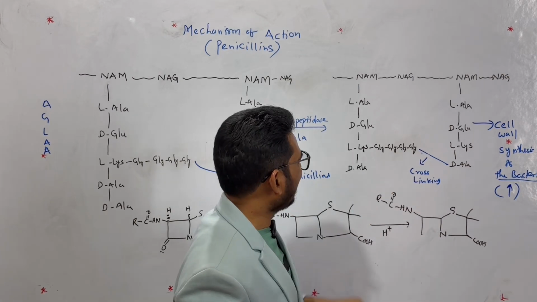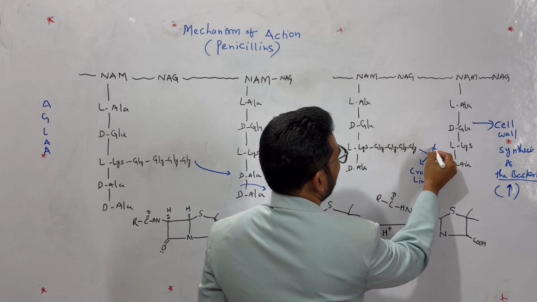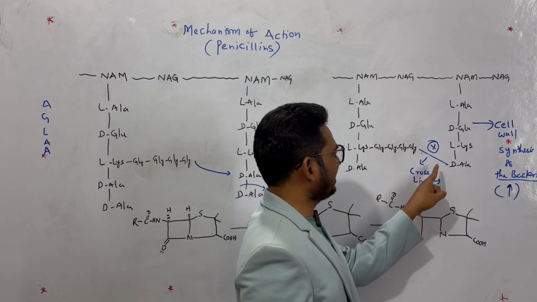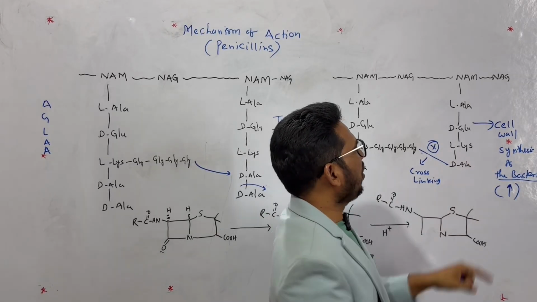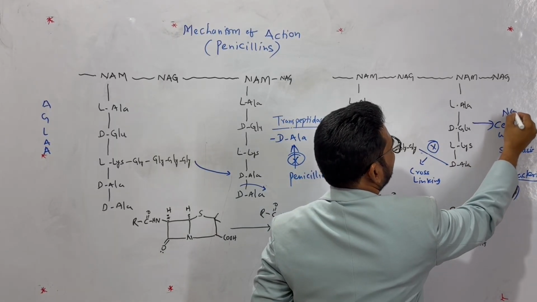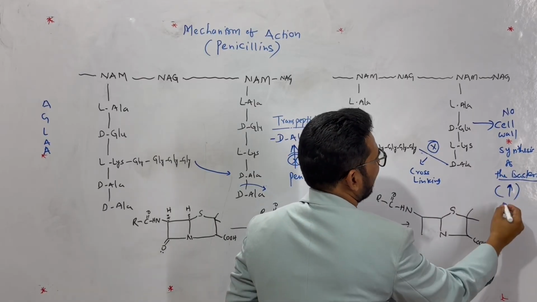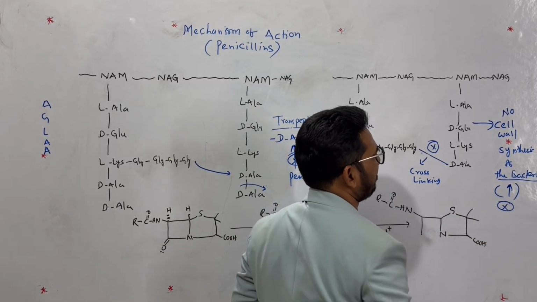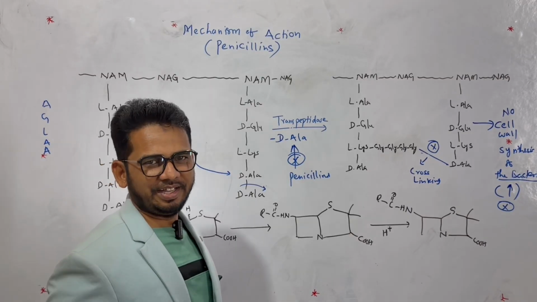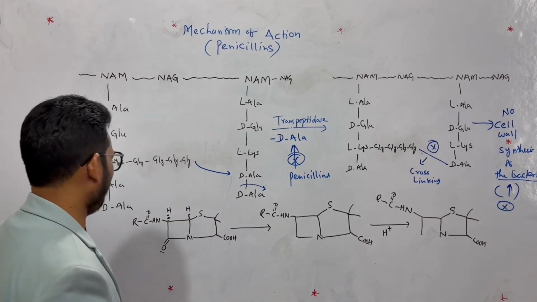Cross-linking is prevented, which means no cell wall synthesis. No cell wall synthesis means the growth of the bacteria is going to be prevented. Then how? In the chemistry way we will discuss how it is formed.